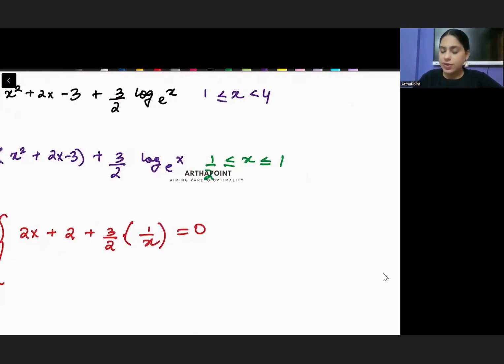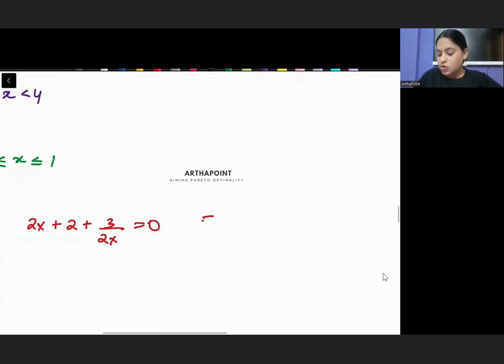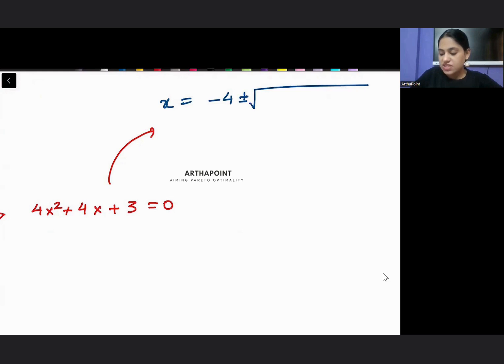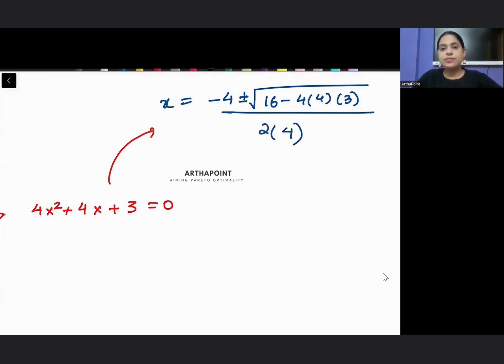When you equate this to 0, you get 2x plus 2 plus 3 by 2x is equal to 0. So this will give you 4x square plus 4x plus 3 is equal to 0. And from here, you can find the value of x. So minus b plus minus root b square minus 4ac by 2a, right?